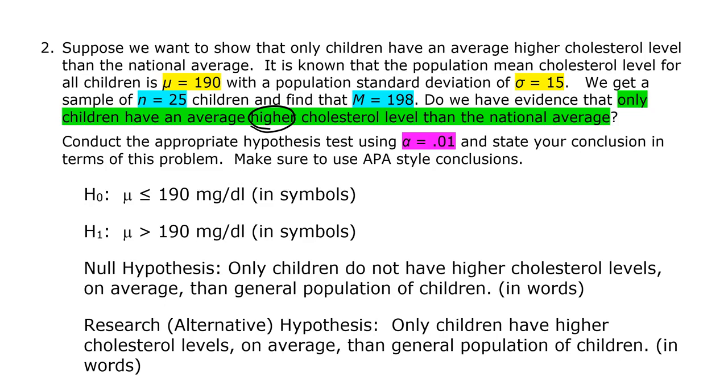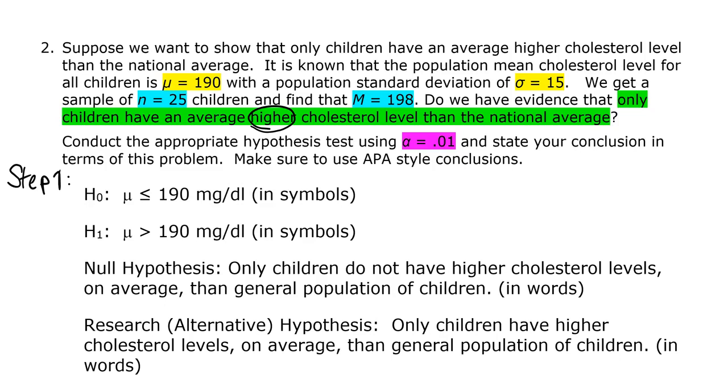So step 1 is to state the hypotheses, in symbols and in words. So H naught, the null hypothesis, is stated as mu less than or equal to 190 mg/dL.